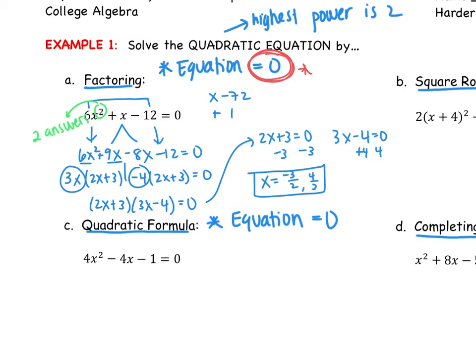Okay. Second one, we're going to do quadratic formula. If you remember, quadratic formula has to be set equal to 0, which ours is. This is the one where you have the A, B, and C. Quadratic formula is the opposite of B plus or minus the square root of B squared minus 4AC all over 2A.